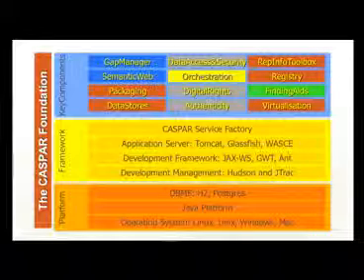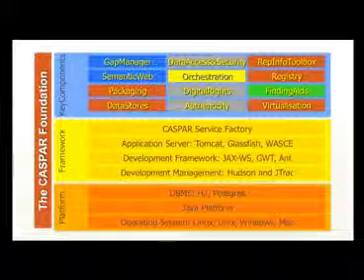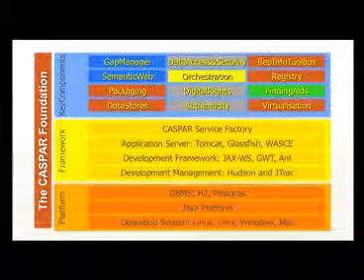We used as a development framework also for the user interface, the Google Web Toolkit, and for the development management, we used the solution as Add-on and JTrack. You can deploy your components in different application server, Tomcat, Glassfish, and WebSphere Application Server Community Edition. And you can see the 11 components that we identified.